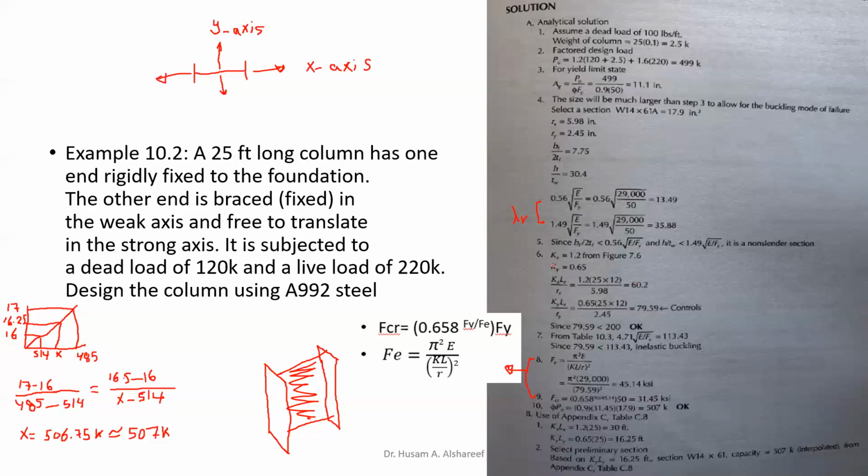How do we find the K value? If you remember, we talked about the K table, and how we find the K values. I recommend you go back to that table and find the value. So we have K sub x and K sub y. Remember, K sub x is unbraced and is the strong axis, and Ky is the braced and the weak axis.